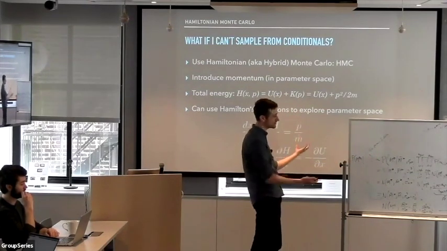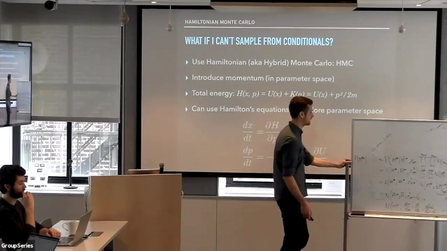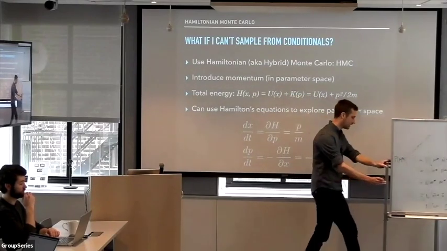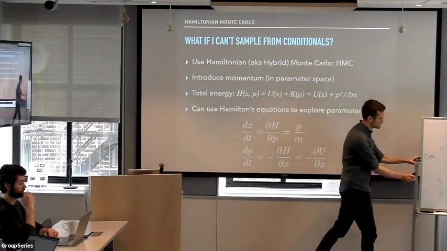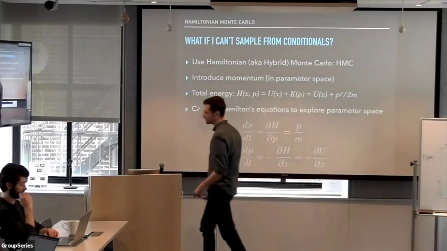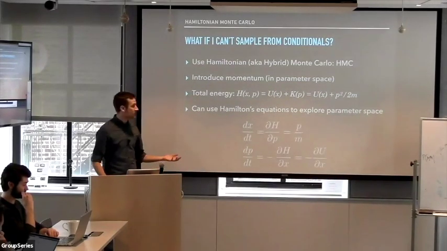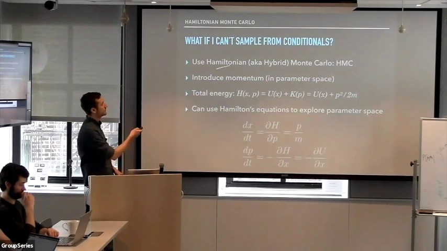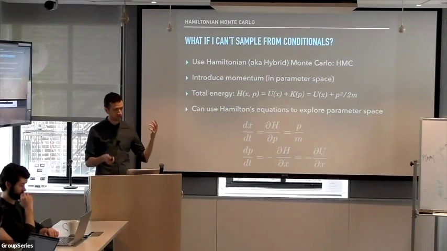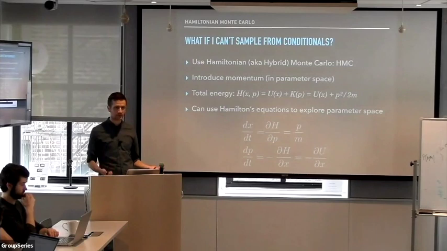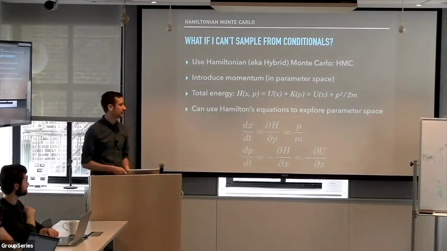You can't rearrange it in a way that's actually helpful to sample from. In that case, what you might be able to do is something called Hamiltonian Monte-Carlo or hybrid Monte-Carlo. So has anyone heard of HMC? Has anyone used it? No one has used it. Okay.